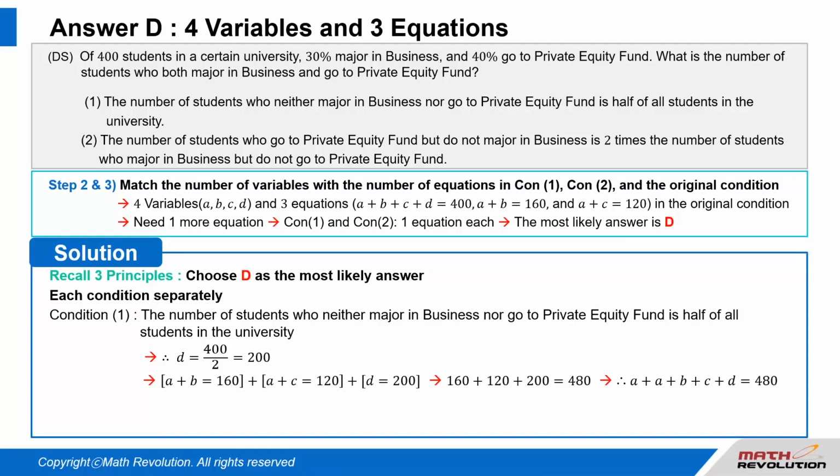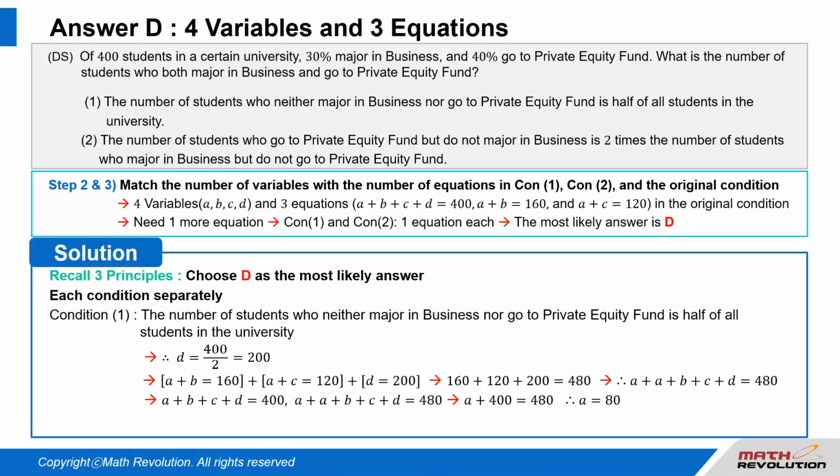Now, we can add A plus B equals 160 and A plus C equals 120 to D equals 200 to get A plus B plus A plus C plus D equals 160 plus 120 plus 200 equals 480.